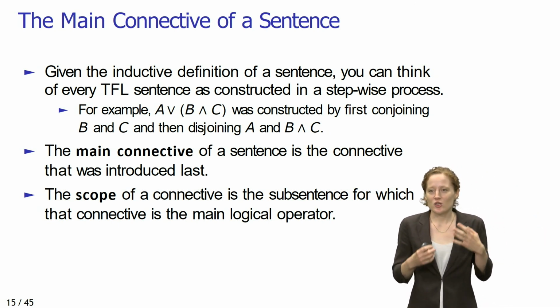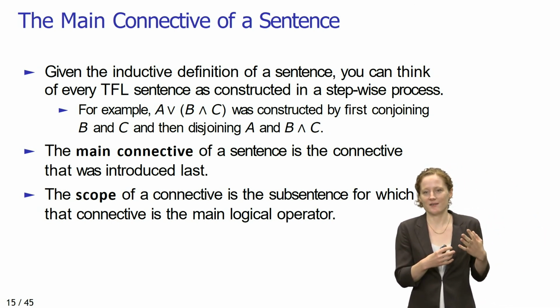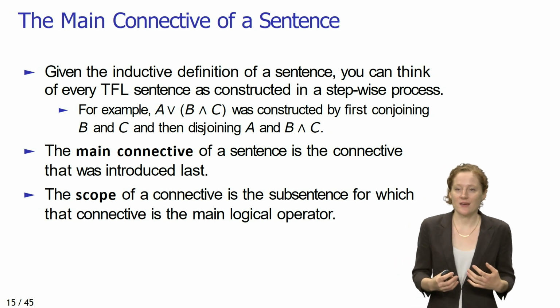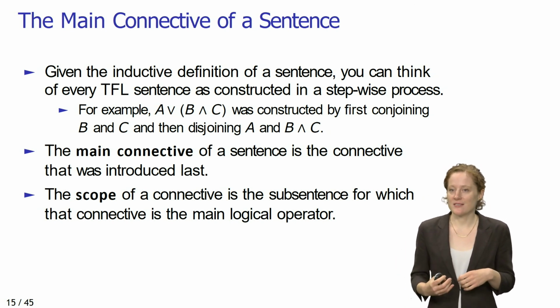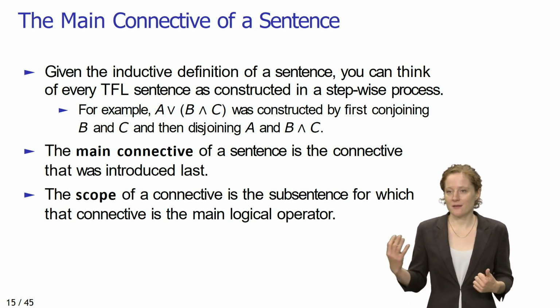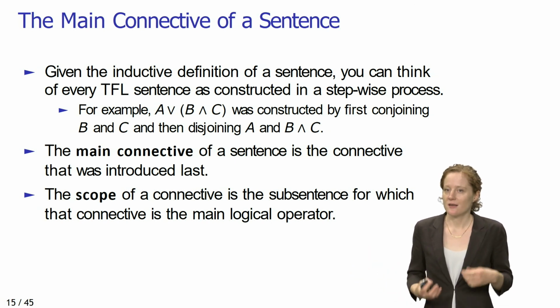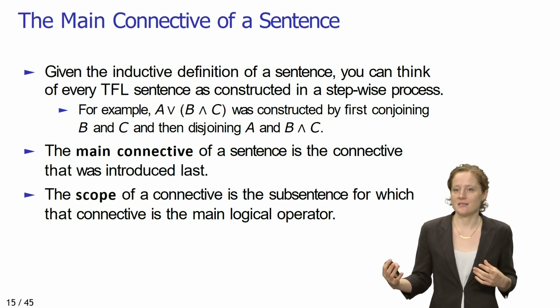We first conjoined the sentence letters B and C to form the conjunction B and C. And we then disjoined the sentence letter A and the conjunction B and C to form the disjunction A or B and C.